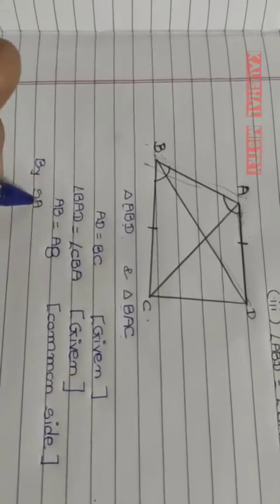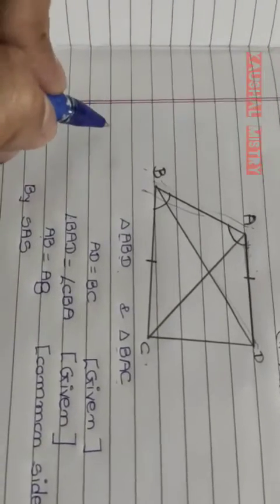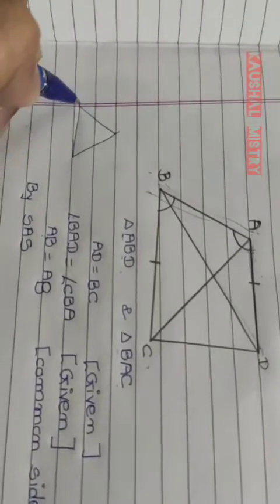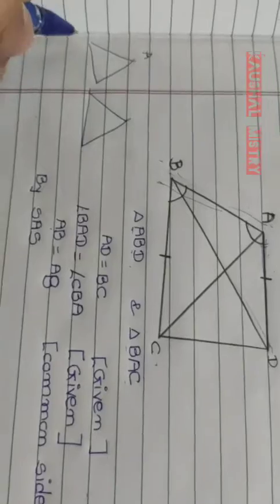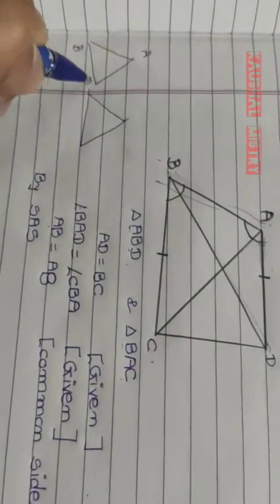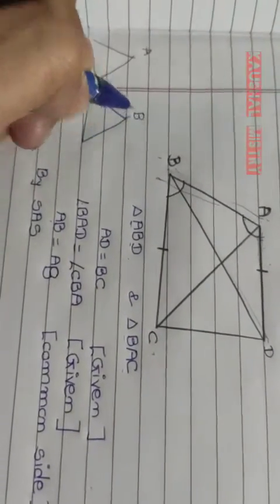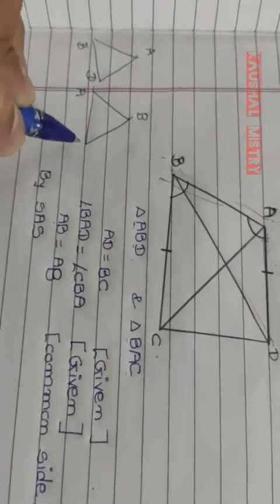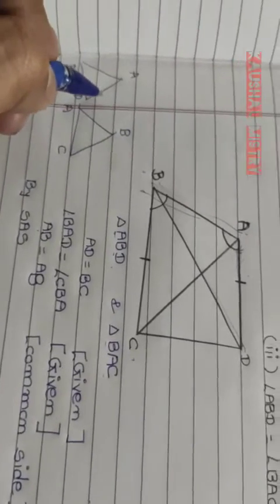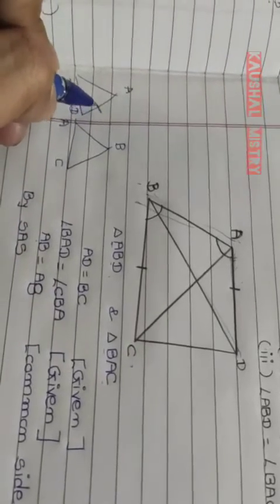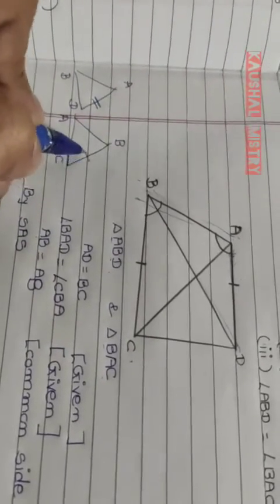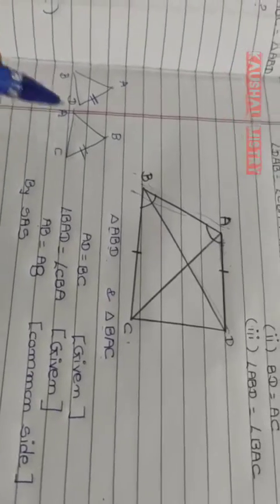SAS congruence rule, because if we draw the figure separately, here it is ABD and the second one is BAC. Now we can say that AD is equal to BC is given, this side is equal to this side, right?